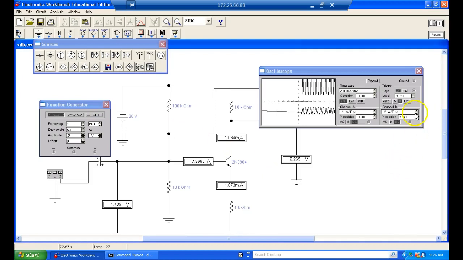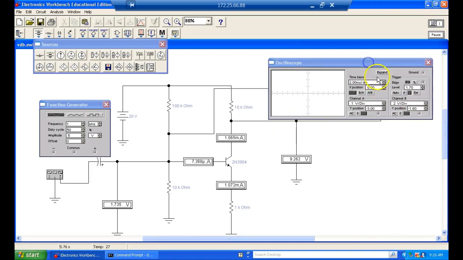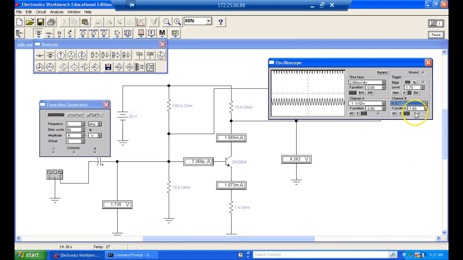So I have both of my inputs and outputs. So my input is set. I've got my input hooked up to channel 1, and then I got my output hooked up to channel 2. And I don't know if I can shift this anymore, guys.